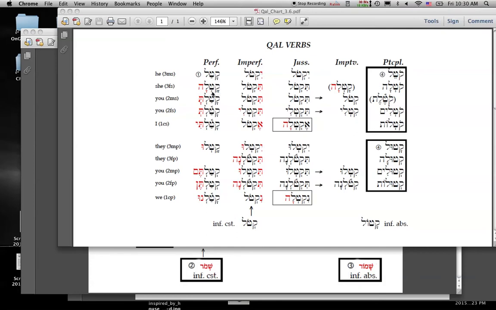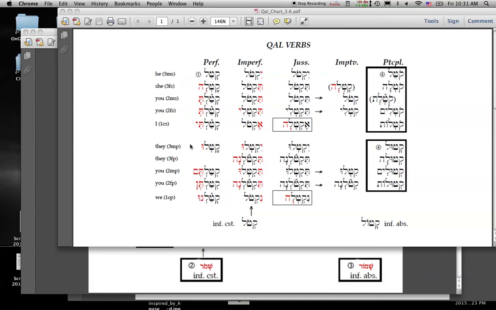and the reason I'm pronouncing this shva as vocalic is that you'll see the meteg there, which holds me back and forces me to elongate that a, so that this becomes a vocalized shva. He katela, ata katalta, at katalt, ani katalti, hem hen katlu, atem kataltem, aten katalten, anachnu katalnu.